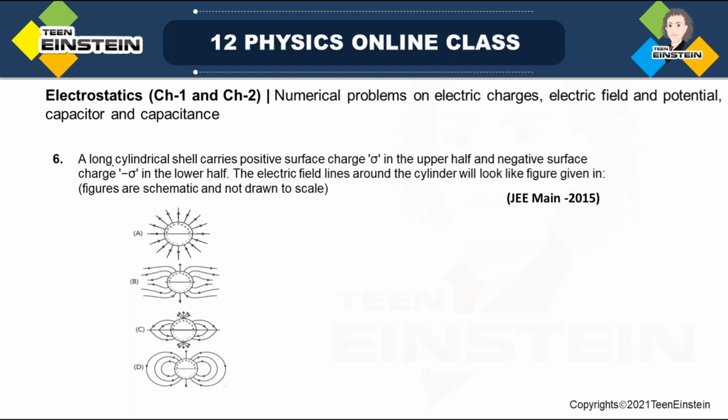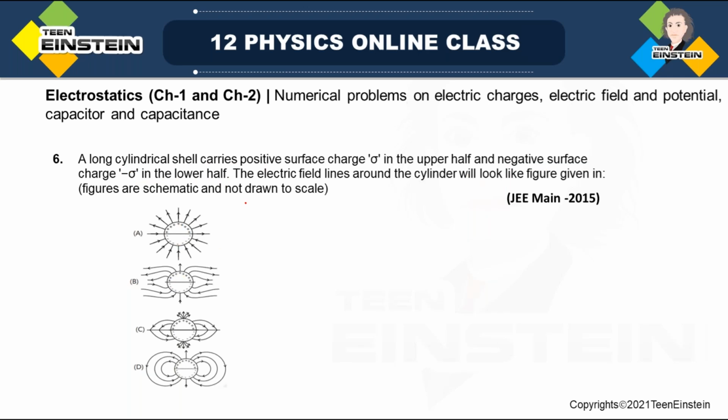In this first question, it is said that a long cylindrical shell carries positive surface charge sigma in the upper half and negative surface charge minus sigma in the lower half. As you can see in the figures, upper half, lower half.